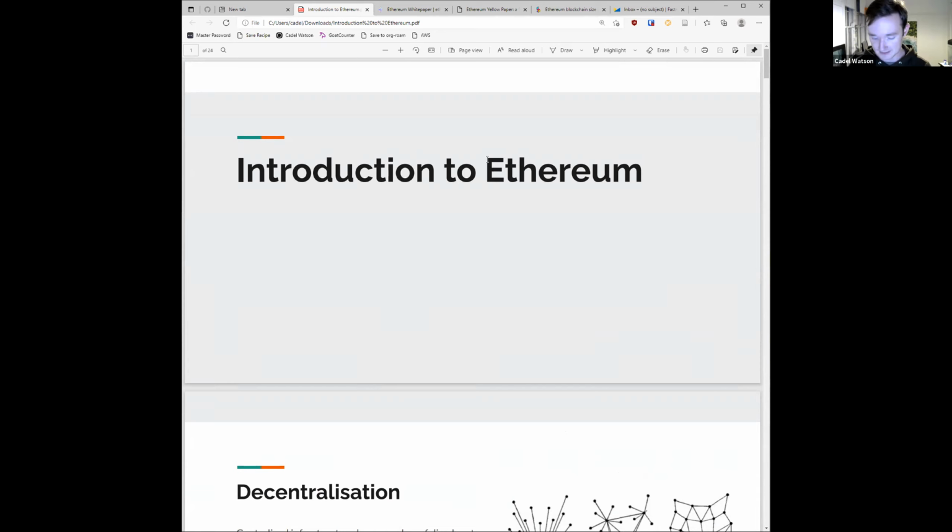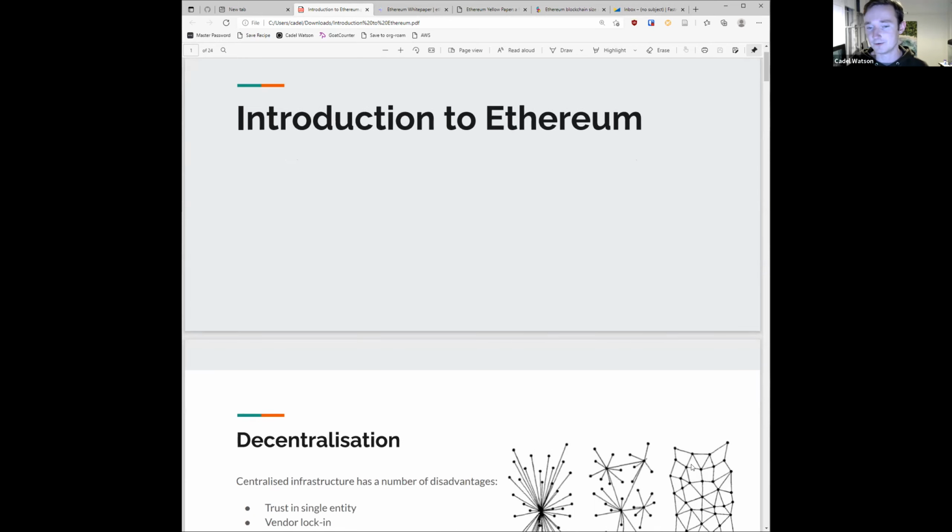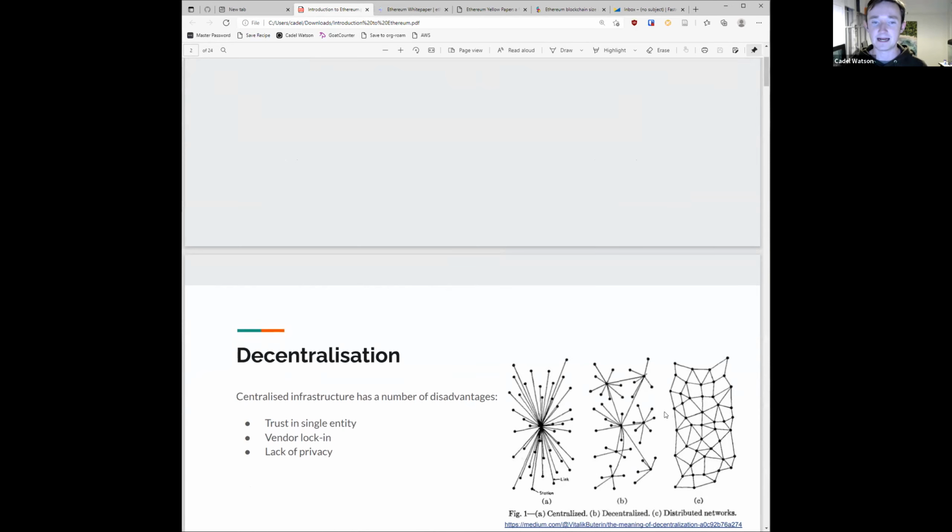Whereas Bitcoin is essentially just a digital currency, Ethereum takes that idea and the advantages of a blockchain, and then extends it to a much wider range of use cases. And this is why I think it's so great for us as developers. We all want to be creating decentralized applications that can run on this distributed network. And to do that, we need a bit more power than just being able to send money back and forth.